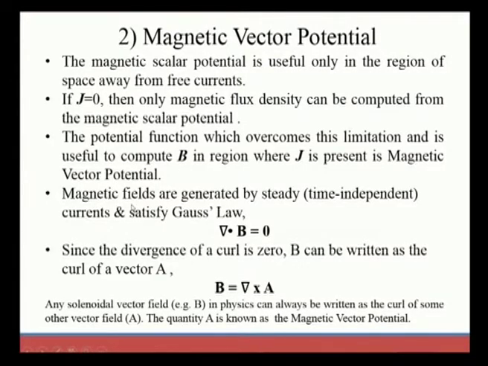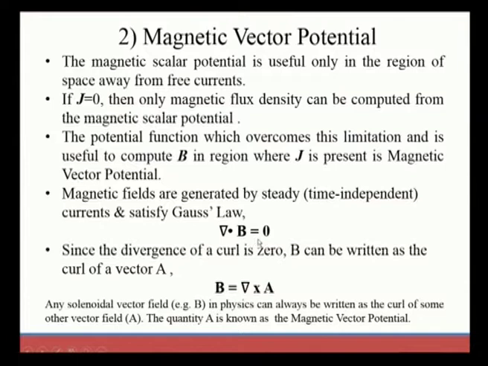So, the magnetic fields are generated by steady, or we can say time independent, currents. We consider this magnetic field generated by time independent currents, and it satisfies Gauss law, that is del dot B is equal to 0.